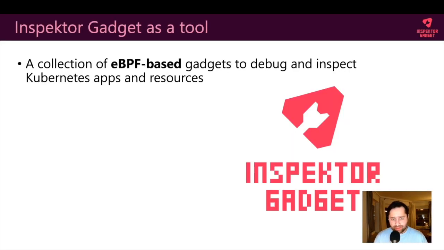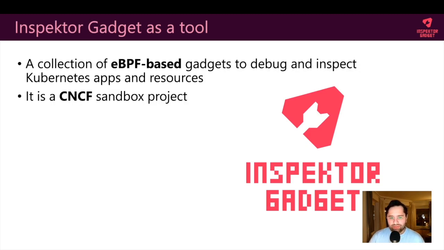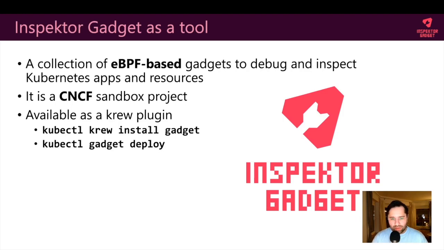Inspector Gadget is a collection of eBPF based gadgets to debug and inspect Kubernetes apps and resources. It's a CNCF sandbox project. It is currently available as a krew plugin, so you can just do kubectl krew install gadget. You'll get the client for it, and then you can do kubectl gadget deploy to actually install a daemon set in your Kubernetes environment.